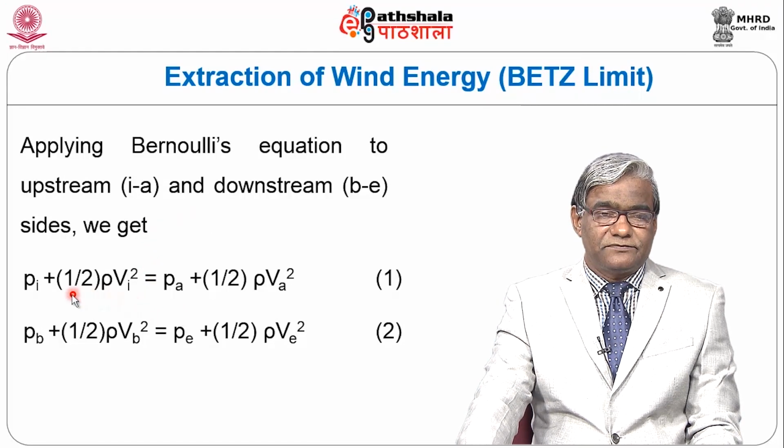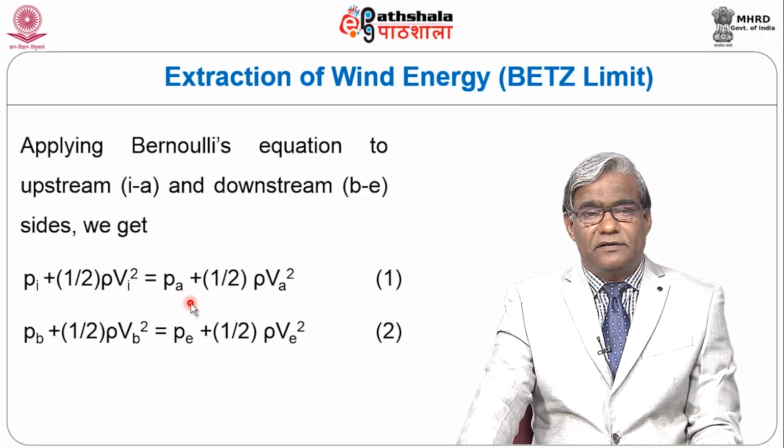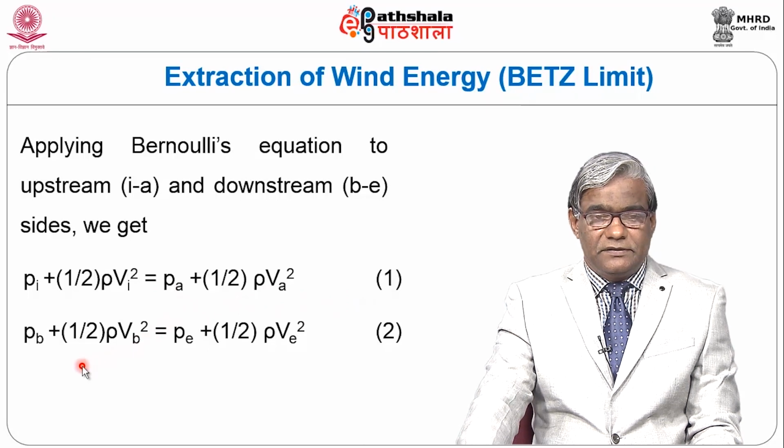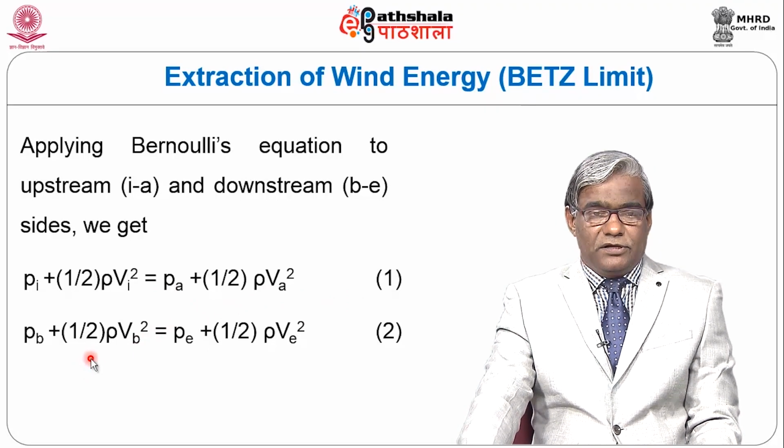Equation number 1 has the pressure P I and the kinetic energy, and then the pressure at the downstream side and its kinetic energy, and that is equation number 2.